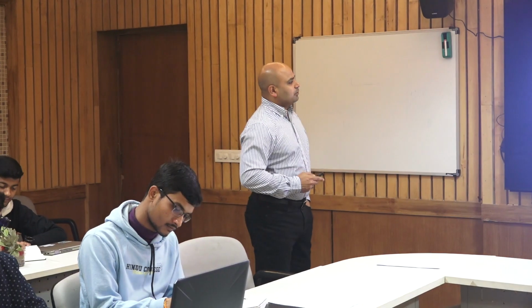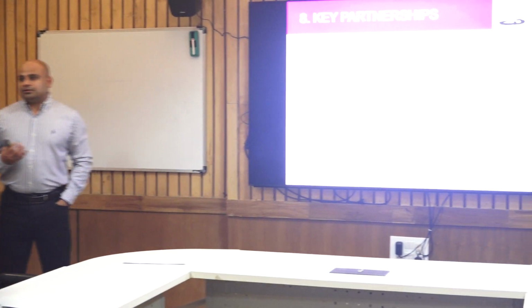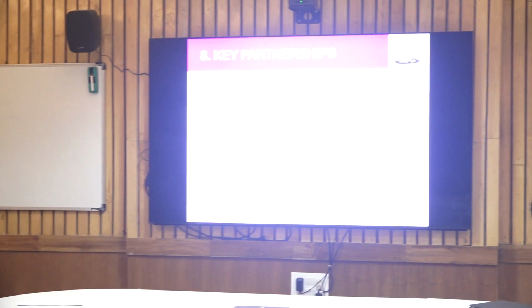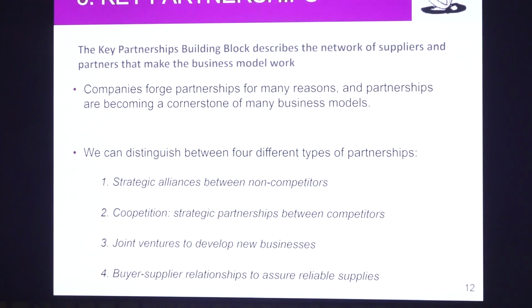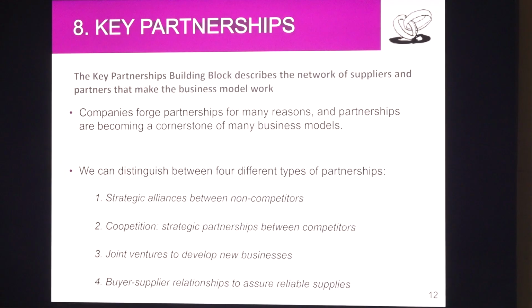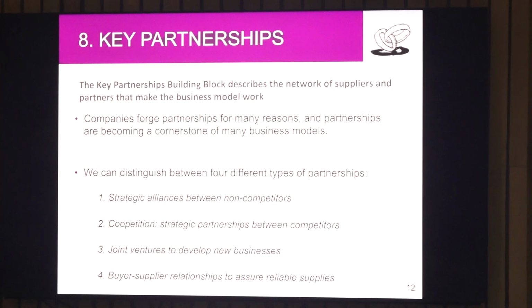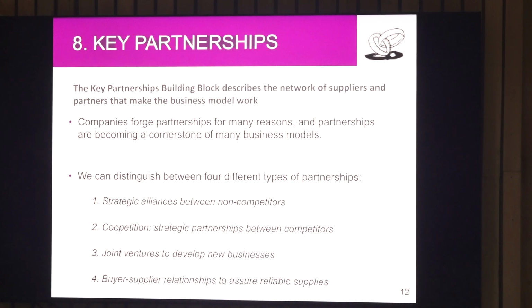So block 8 is about key partners. Key partnerships tell us who you collaborate with in terms of your network and suppliers and other partners to make your business model work. There are 4 different types of partnerships that you can make. Strategic alliances between non-competitors.